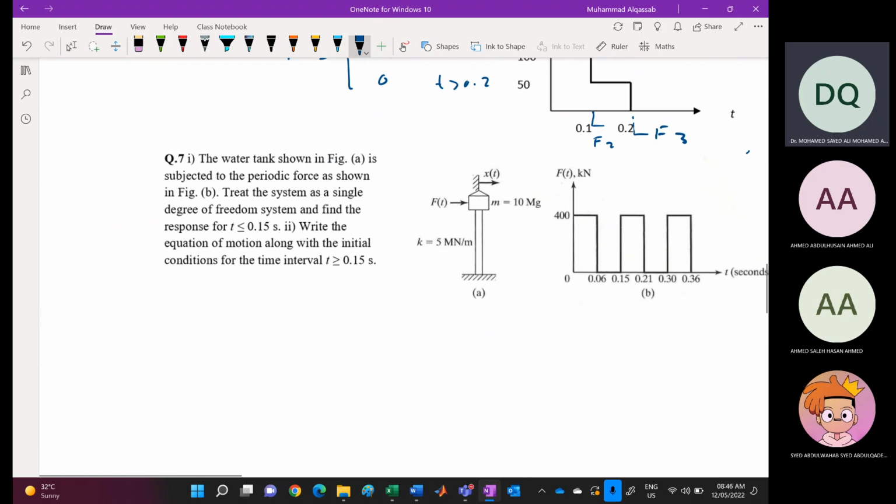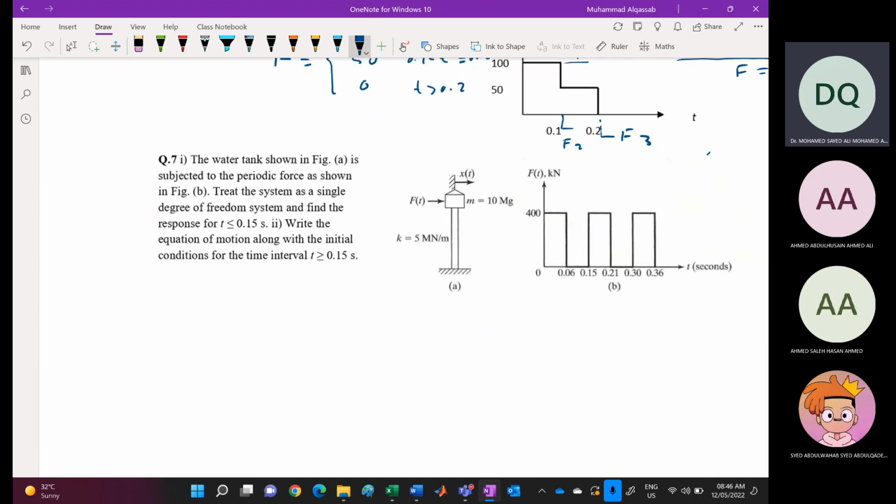Okay, question number 7: the water tank shown in the figure is subjected to the periodic force as shown in figure B. Treat the system as a single degree of freedom system and find the response for t less than or equal to 0.15 seconds.